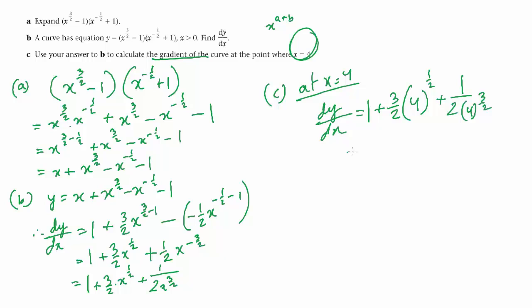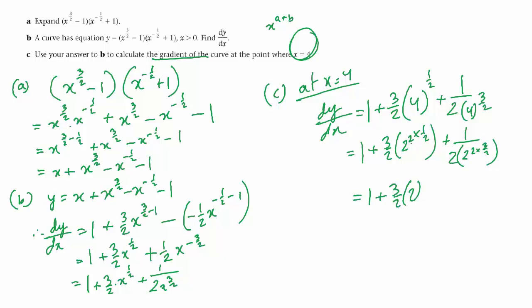Now the indices skill comes in handy. So 1 plus 3 by 2, we know 4 is 2 squared, and when we have a power over a power, the power is multiplied, plus 1 by 2, 4 to the power 3 by 2 is 4 squared into 3 by 2.